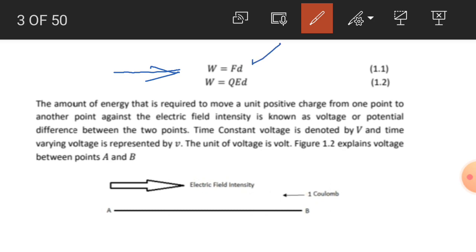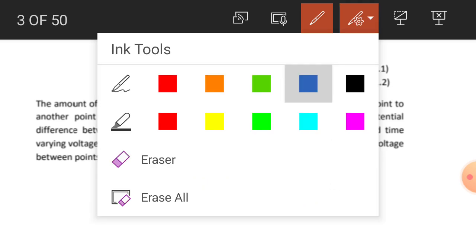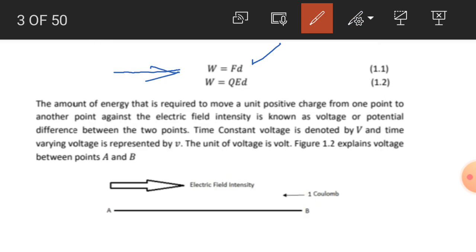The product of the force and distance will give you the electrical energy which is required to move this charge of q coulomb from the initial position B to the final position A against the field. Well, we know that electric field intensity is a vector quantity.